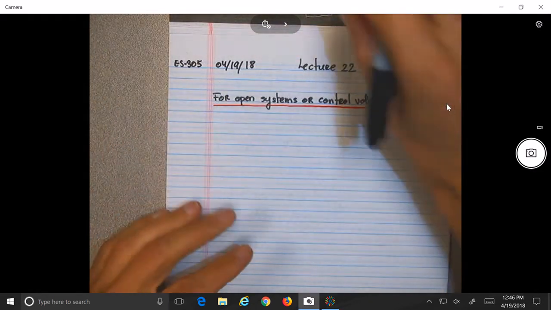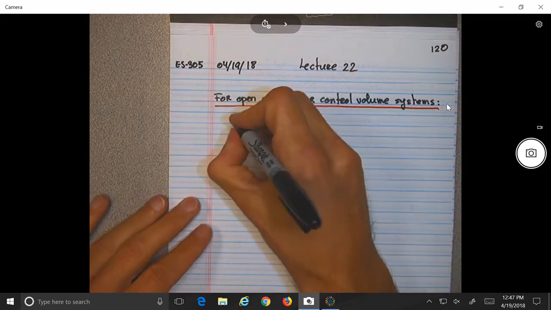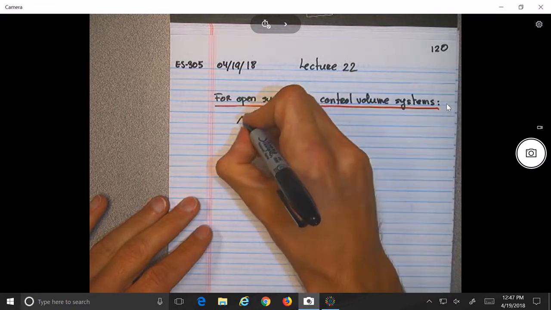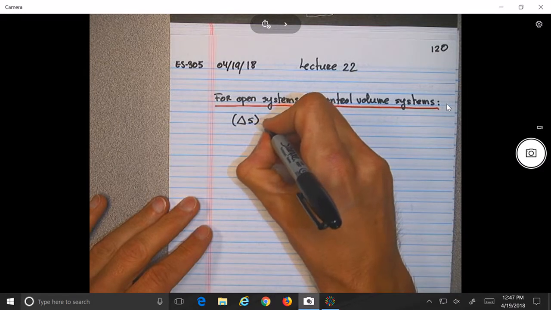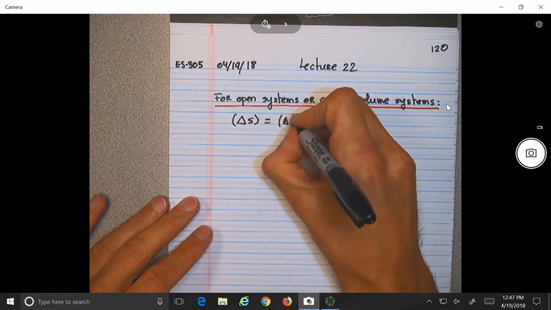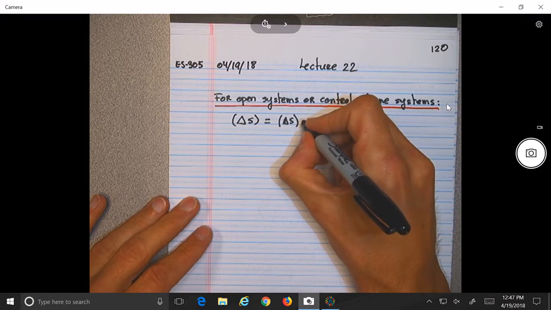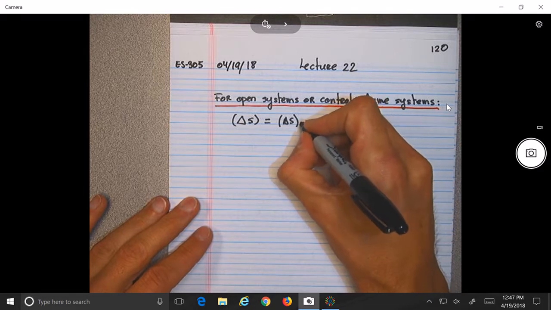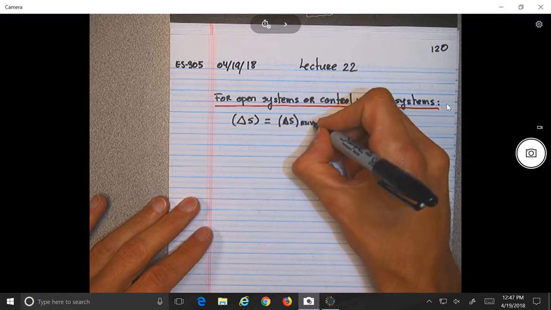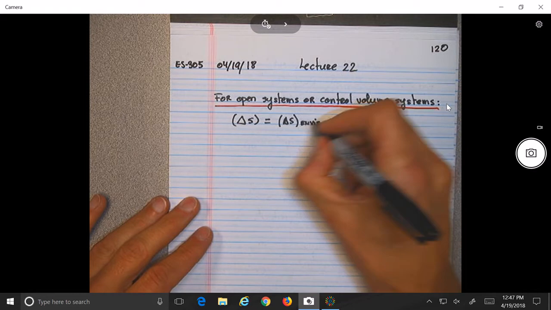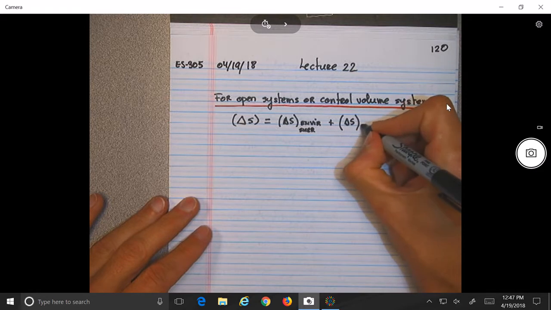What was the equation for the total change of entropy? It was equal to delta S of the surrounding, plus the delta S of the system.